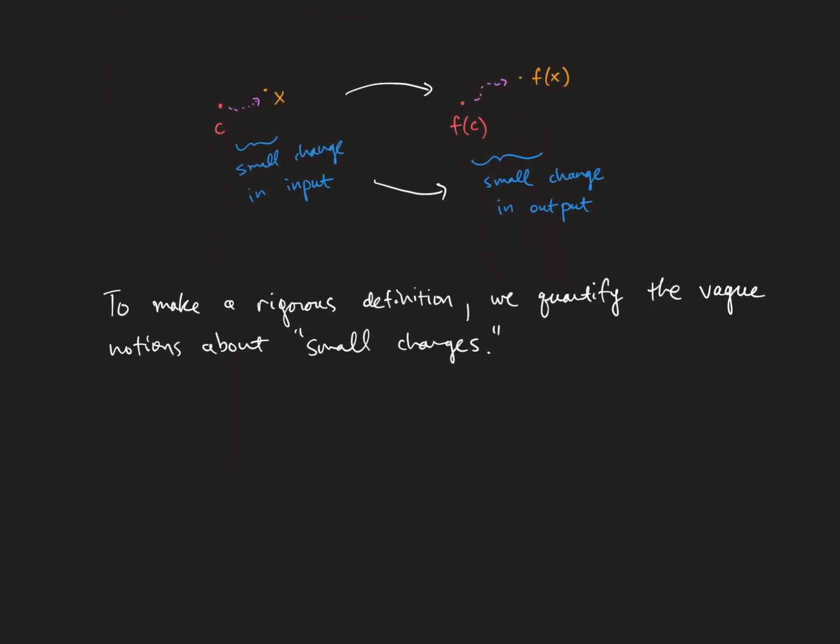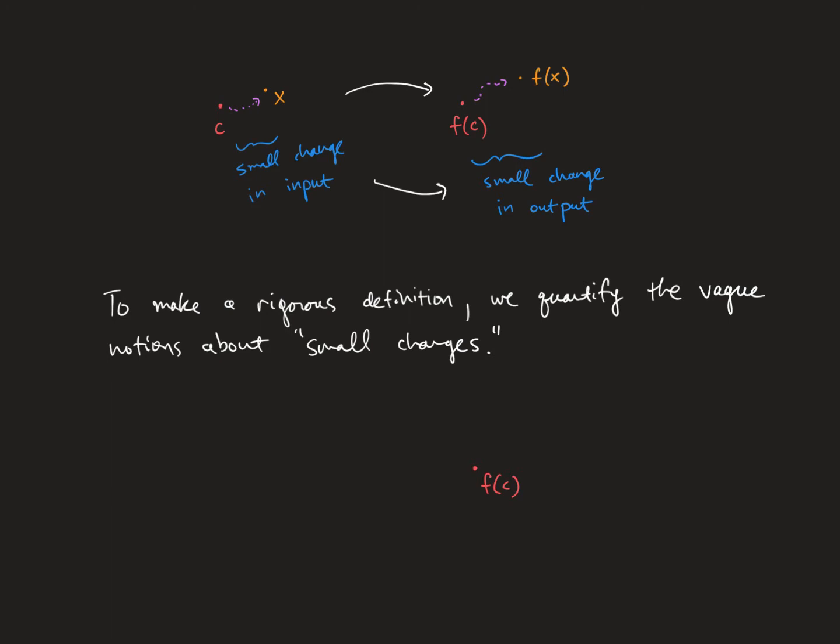And so, again, the way to probably think about this is to imagine someone who's skeptical of this claim. So you claim that if you make small changes to this input, so moving c to x by a small amount, you say that only is going to produce small changes in the output. So you have to imagine a skeptic who says, okay, so let's look at the output then.